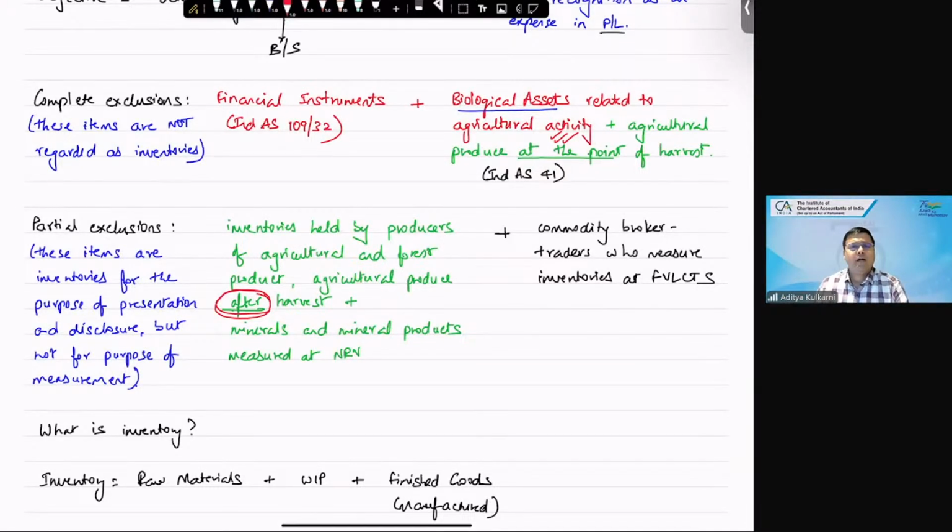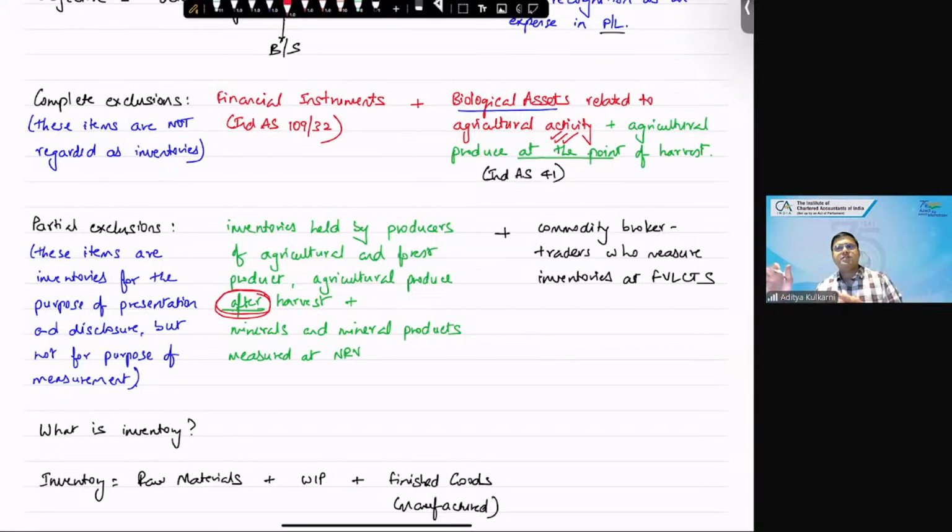For a very short while, they will have the inventory, but overall, they are not measuring it at cost because their intention is to immediately sell it off. They are not engaged in manufacturing, keeping it, etc. So traders measure these inventories at fair value less cost to sell. So these are the two categories of exclusions.